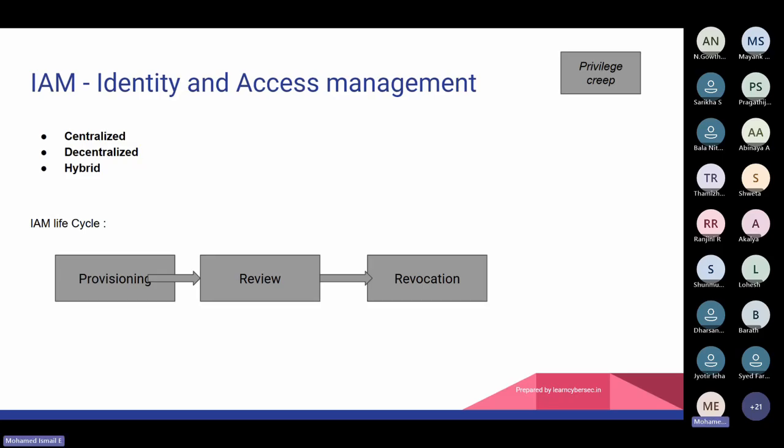Now, what does decentralized mean? The same company operates business across the globe, with 1,500 employees in India, America, and Europe. Now each country has its own identity and access management, or each department has its own access control policy. If an employee joins HR, HR will provide the access, the applications they need.